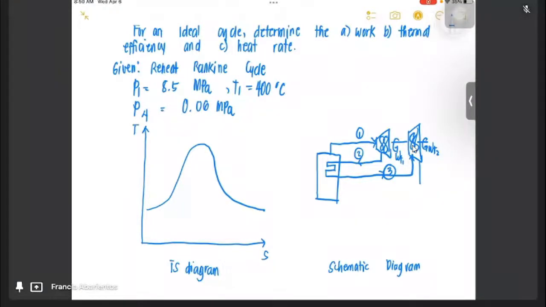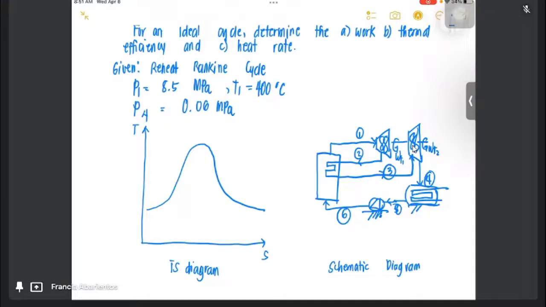After that, you have now your condenser. We have now your pump. So this is 4, 5. And this is now your 6.